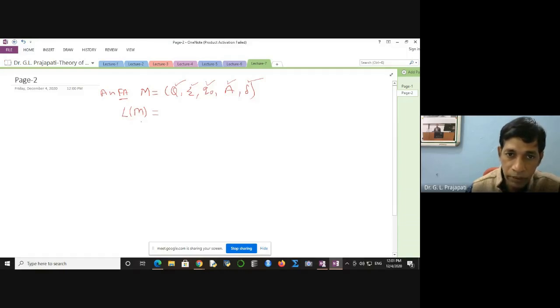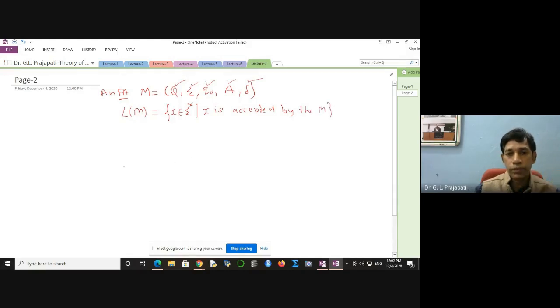So what is the language accepted by the machine? This is the set of strings X, taken from Σ star, such that your machine accepts the X, such that you can say X is accepted by the M. So this is the definition of the language accepted by the machine.